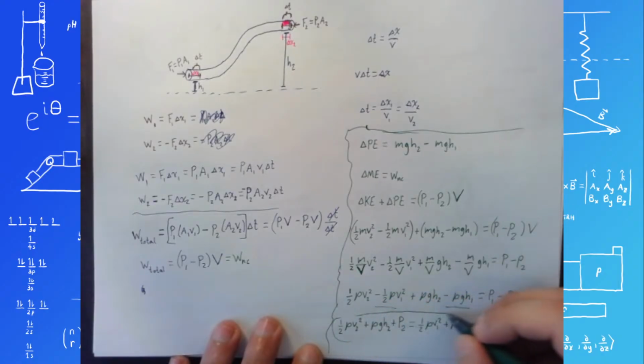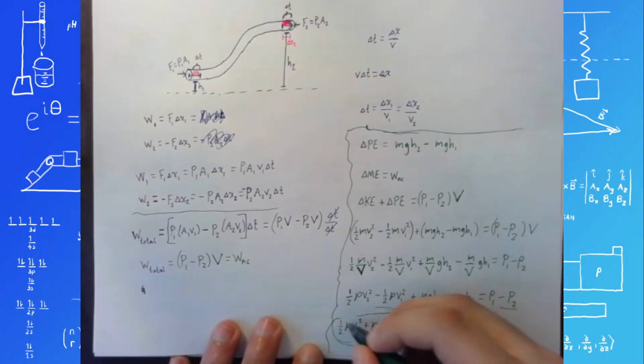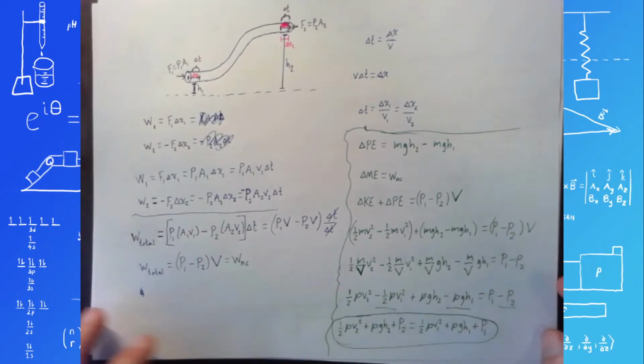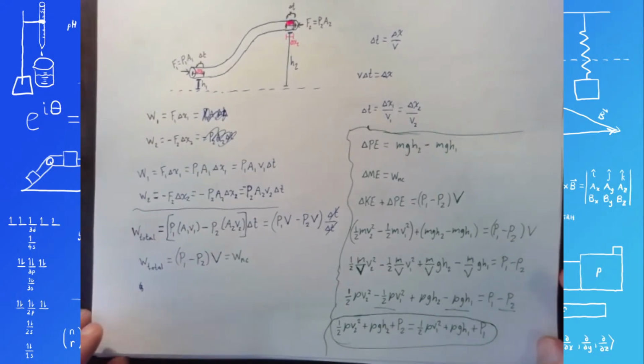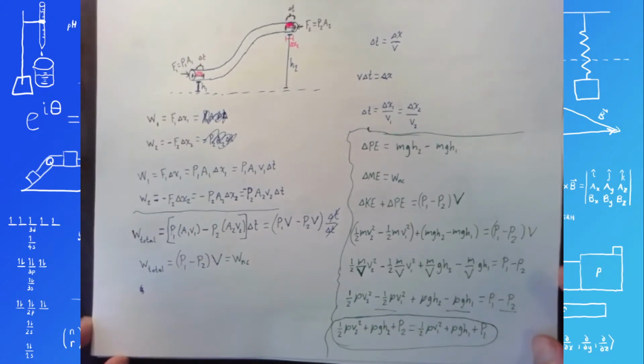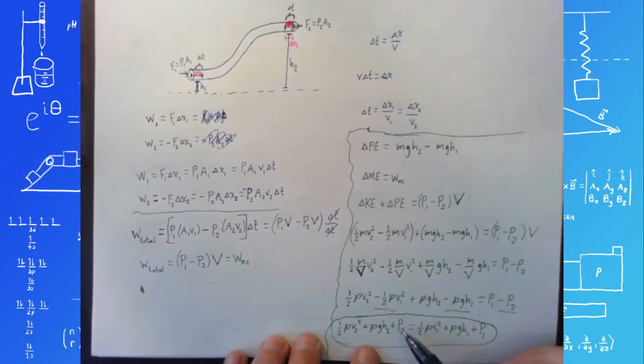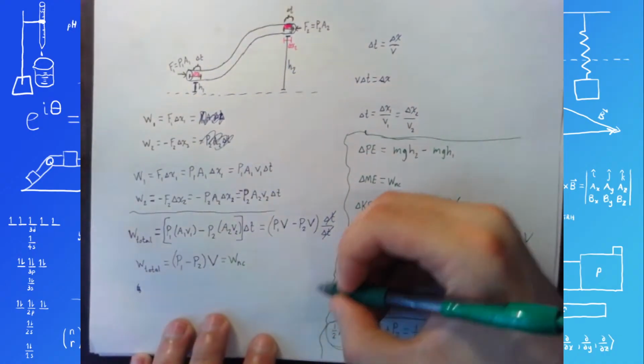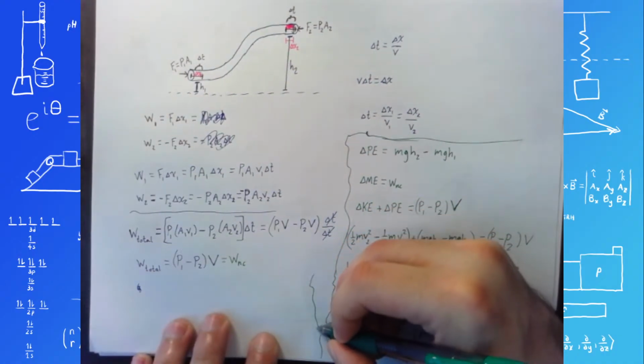Or you can write it with the pressure as the first term, kinetic energy per volume as the second term, and potential energy per volume as the third term. If you don't like having the P at the end, you could have it at the front. But this right here is Bernoulli's equation.